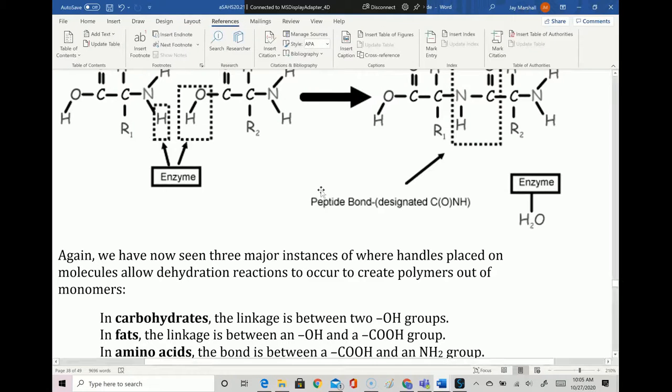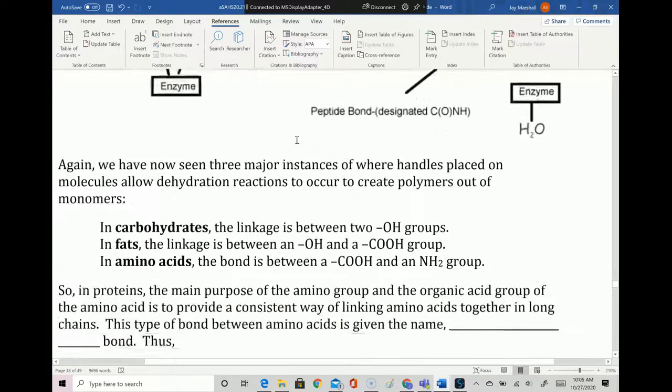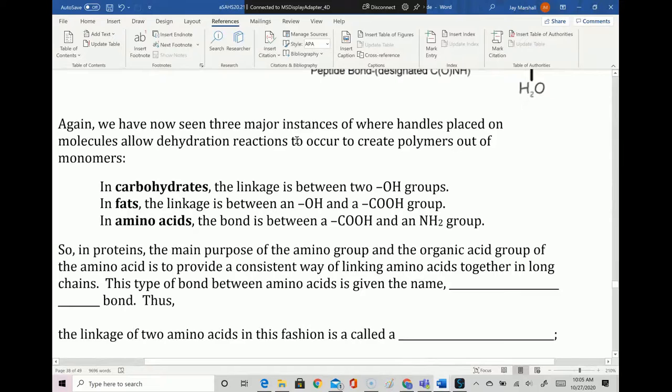And I've already mentioned this. In carbohydrates, the linkage is between 2 OH groups. In fats, it's between an OH group and a COOH group. And in amino acids, it's between the COOH group and the NH2 group. And this is the difference between this and everything else that makes it be able to have 3-dimensional structures.